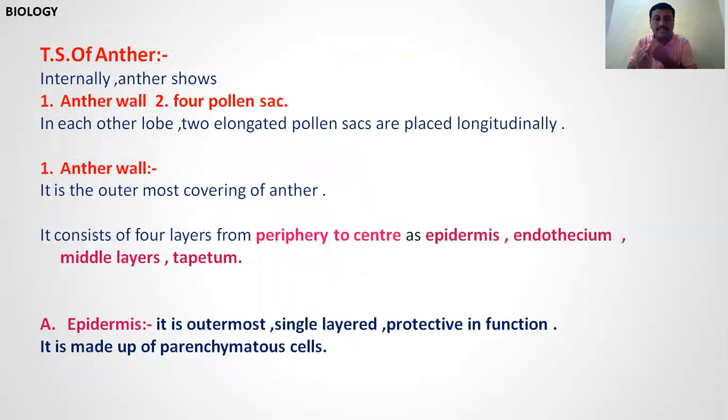So the four layers from periphery to center are epidermis, endothecium, middle layers, and tapetum. Now these four layers are studied in detail.